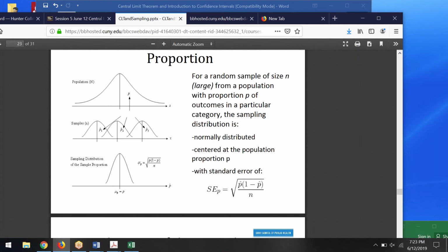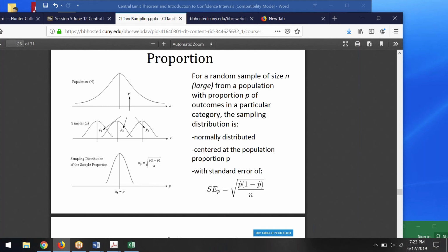We just use P to represent the population proportion, which we secretly know to be 30%. So we can do the same thing. We can plot repeated samples from a population for a binomial variable, for a proportion.